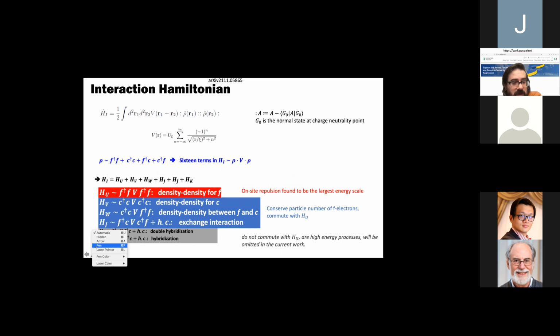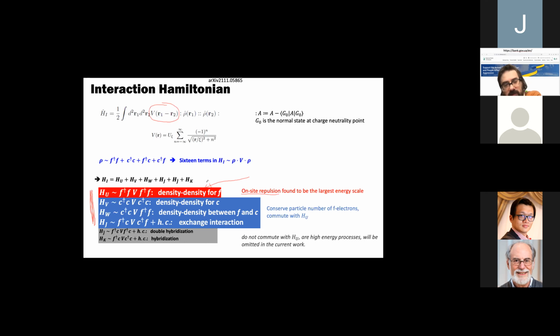For the interaction Hamiltonian, you take the Coulomb interaction and project it into these heavy electrons and conduction electrons. You're going to have 4 terms, 3 very important and 1 less important. The most important term is a density-density interaction for F electrons, which we'll find to be the highest repulsion, and it's on-site.